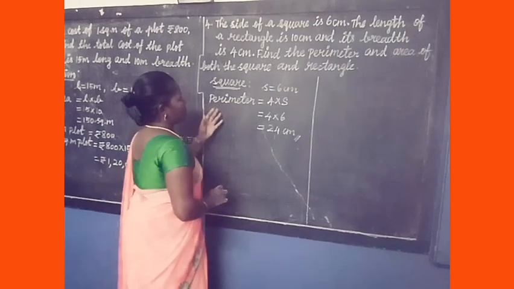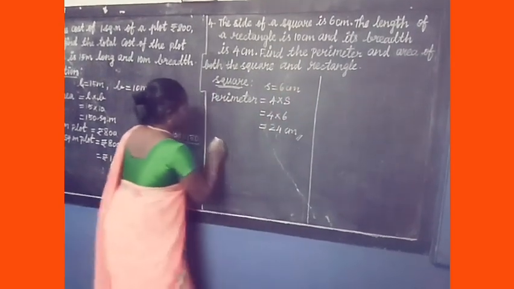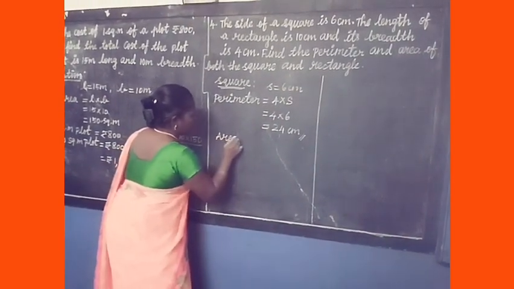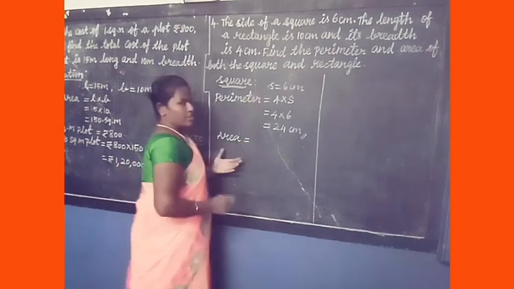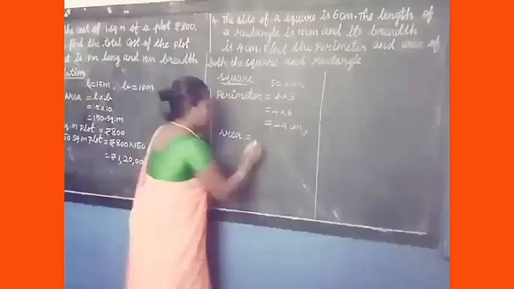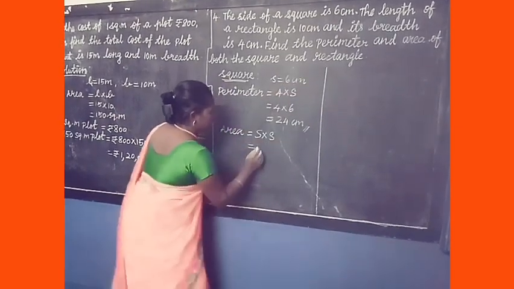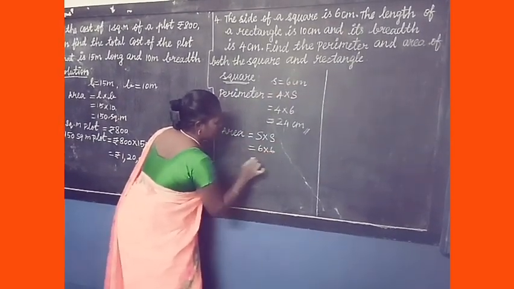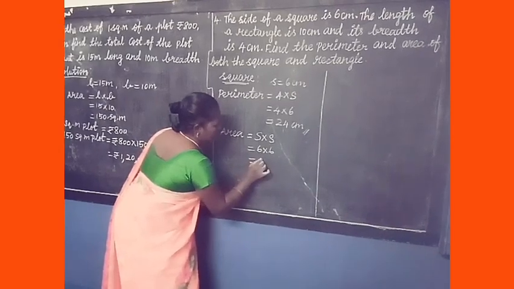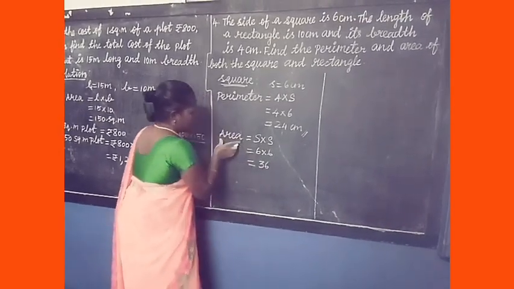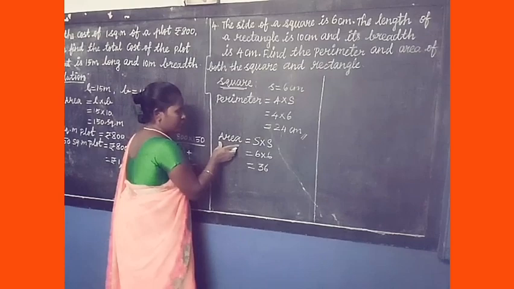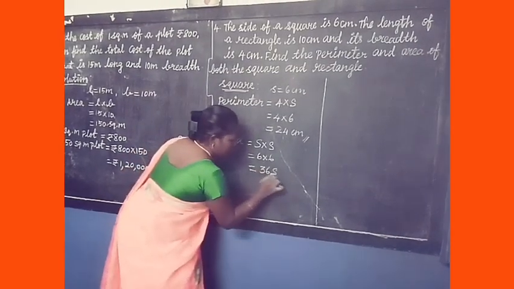Next we have to find the area. So area of a square, area is equal to, what is the formula? The formula is S into S. So S value is 6 centimeter. So 6 into 6, 6 sixes are 36. Since we have to find area, as you already know, first we write square.